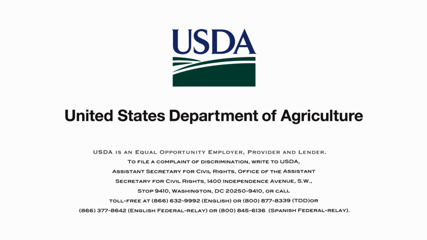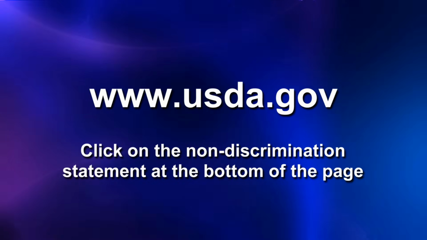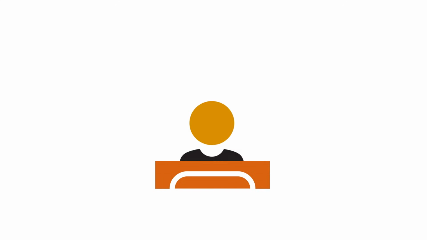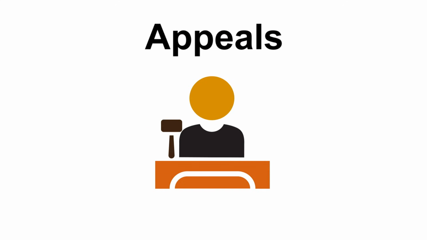The Department's non-discrimination statement, which includes contact information for individuals requiring alternative communication means and information on filing a program discrimination complaint, can be found at the following website. You also have the right to appeal program administrative actions if you are adversely affected. For example, having payment assistance reduced, canceled, or not renewed.